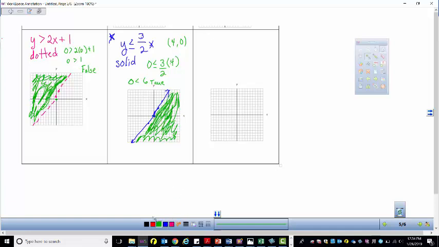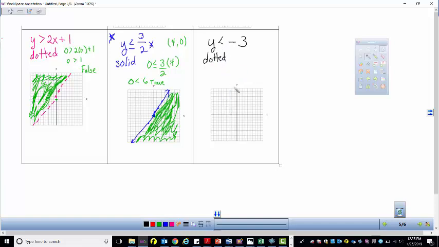All right, so our next special case is when I just have like y is less than negative 1. Let's change that. Let's make it negative 3, just so it's easier to see on my screen. So first, solid or dotted. This one is dotted or broken because there's no equal.